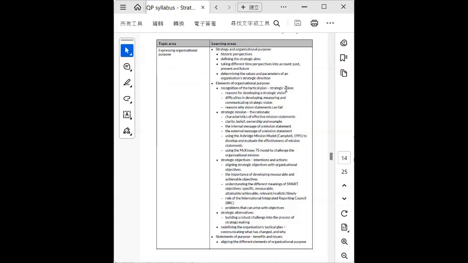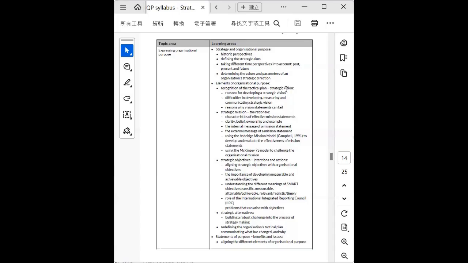So we have to find out the benefits of having a clear, compelling visions, such as enhanced focus or motivations. Difficulties in developing and communicating strategic visions will focus on the challenges that the company face in creating and shaping the visions effectively.